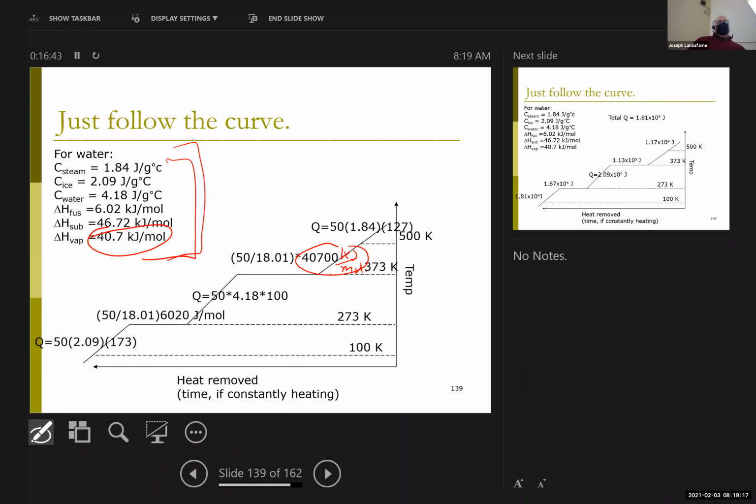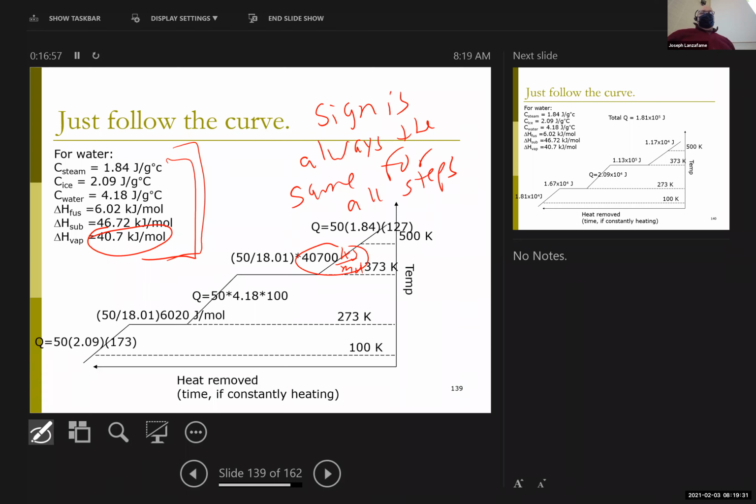It's worth noting there's sometimes some confusion over the signs, right? Because typically the delta H of vaporization is written for vaporization, but I could be moving the opposite direction, in which case I need to change the sign.